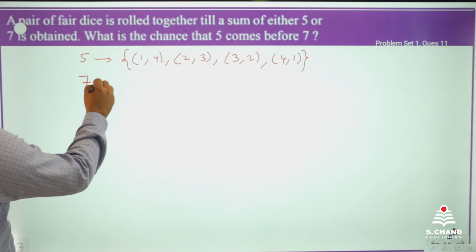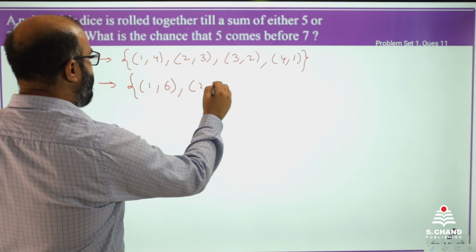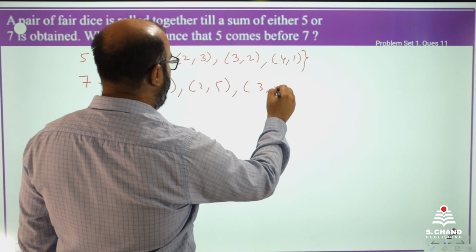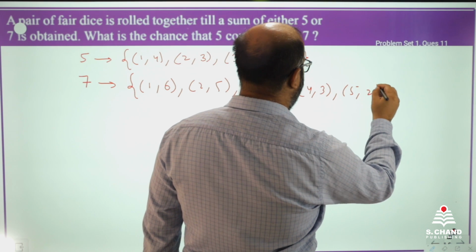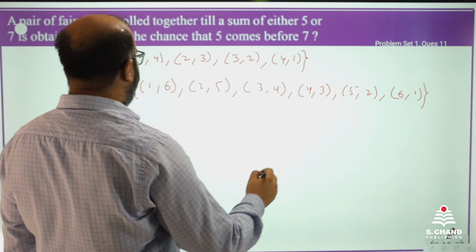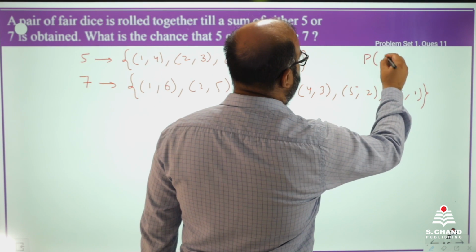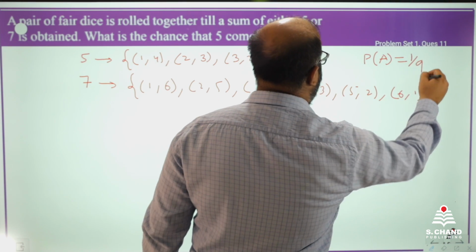When 7 will occur, we get (1,6), (2,5), (3,4), (4,3), (5,2), (6,1), like this. So the probability of 5 to occur, which is event A, is actually 4 by 36, which is 1 by 9.